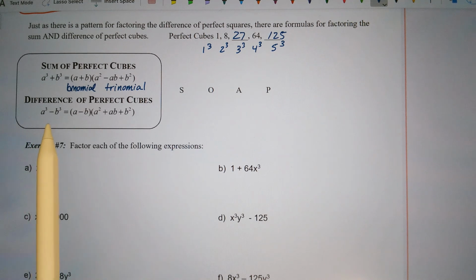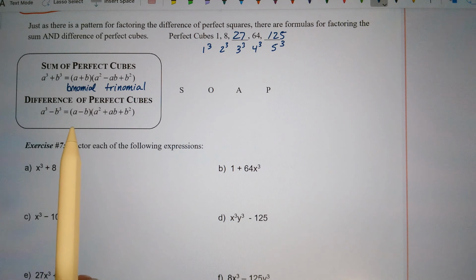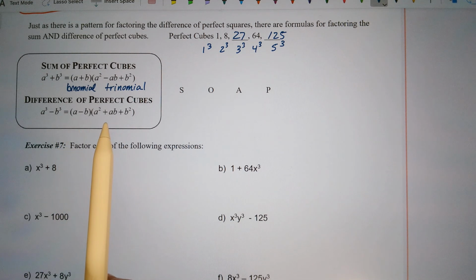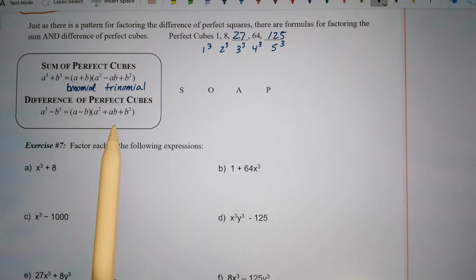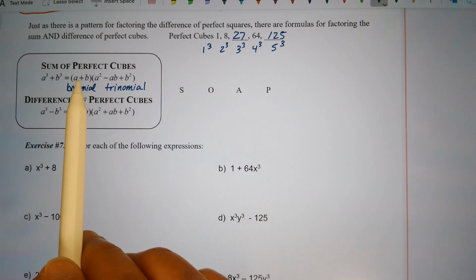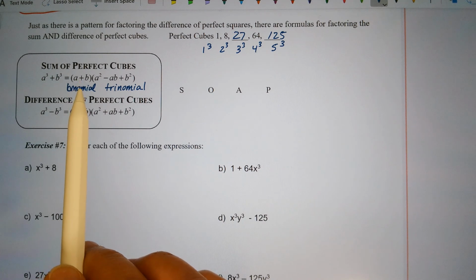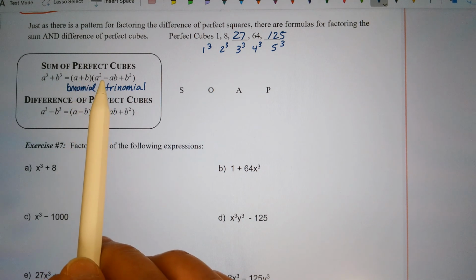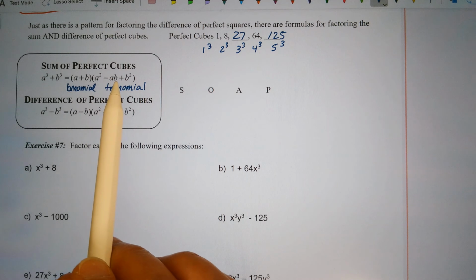The same with the difference. If you have a cubed minus b cubed, it's going to factor into the binomial a minus b, and then the trinomial a squared plus ab plus b squared. Now, we look at the signs here, all right? The sign here, for sum, we had positive or plus for our binomial, and then minus, and then plus for our trinomial.